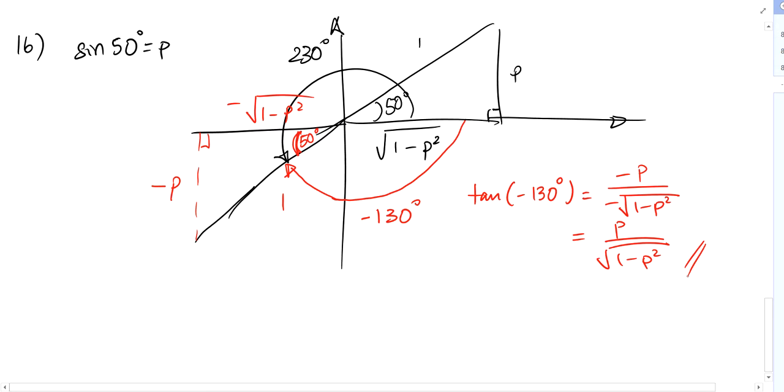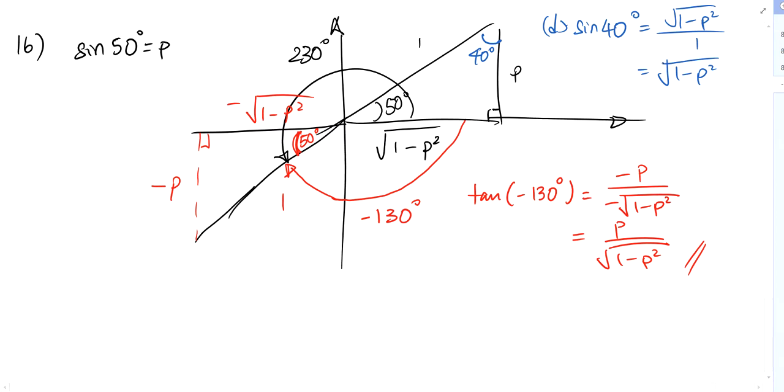That's part C. And finally, sine 40 degrees. 40 degrees is over here. So sine 40 degrees equals the opposite side, square root 1 minus p squared, over the hypotenuse. So we get square root 1 minus p squared. Okay?